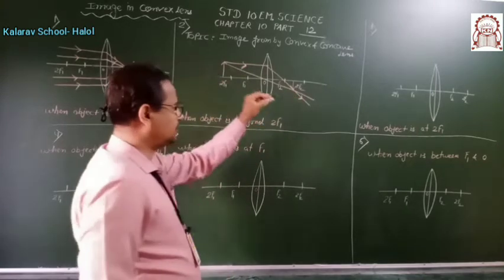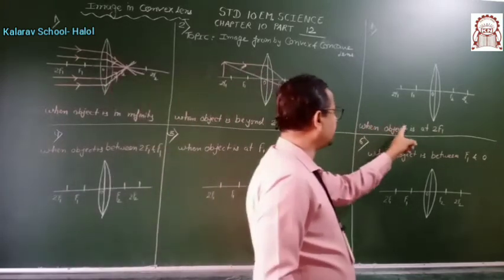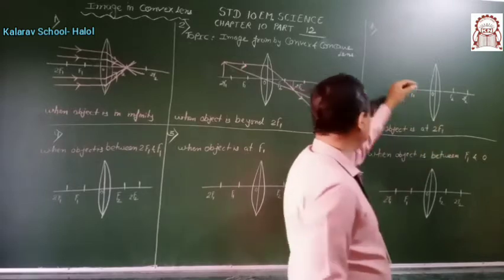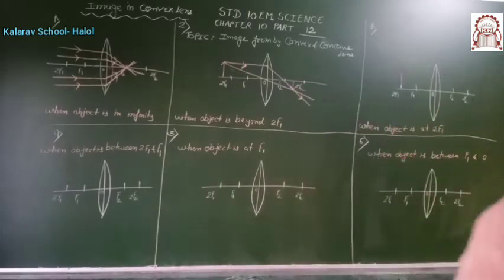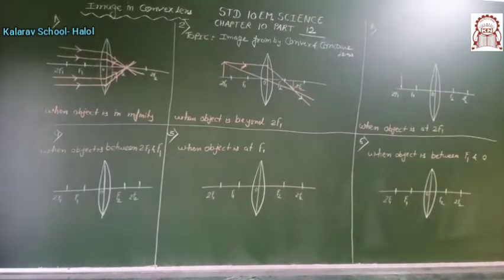Okay, next one, when the object is at 2f, means exactly here, at that time you see the image.